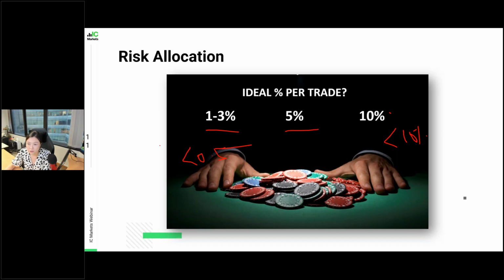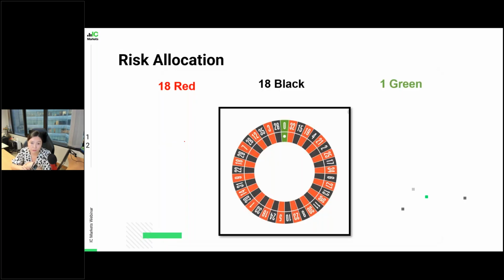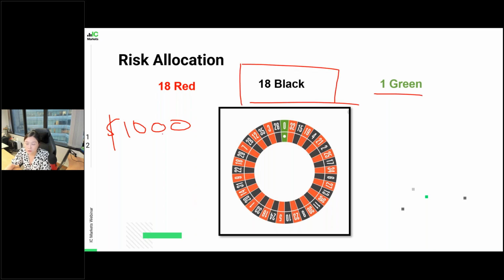So my question to you guys is, let's say Desmond were to give you $1,000 free of charge, to bet on the roulette table where there are 18 black, 18 red, 1 green. How much would you bet for black to win?